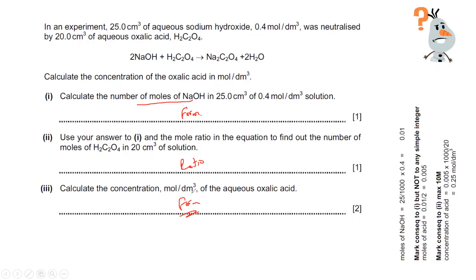So the general trend is that the first part is solved by a formula, the second part is solved by a ratio, and the third part again solved by a formula. This is a general trend. I'm not saying it's always like this, but in most questions you will find that it is a trend.